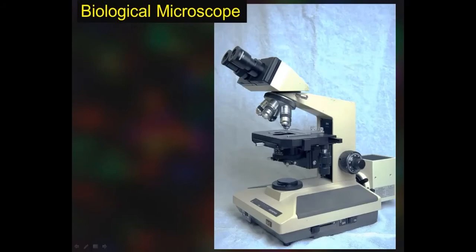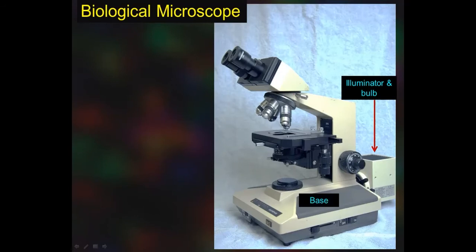Next, we will name parts of the biological light microscope, starting with the illuminator or light source. In this microscope, the illuminator is at the back of the base of the microscope and it is attached. This is still considered built-in illumination. The basic portions of the microscope are the base, the arm, and the head.